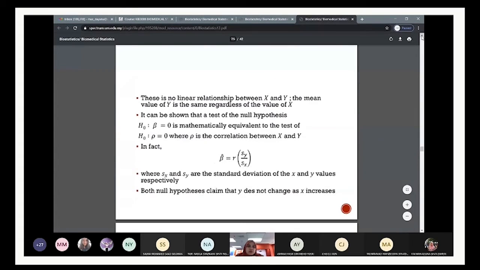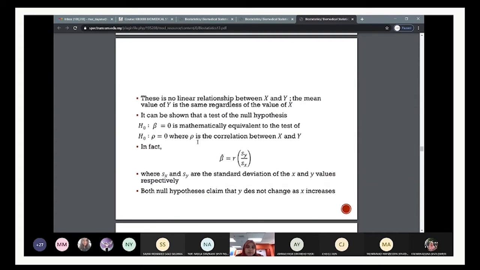So there is no linear relationship between x and y. It can be shown that if beta is 0, it is mathematically equivalent. Remember we have the correlation coefficient from last time, so we can use the xy and xx.